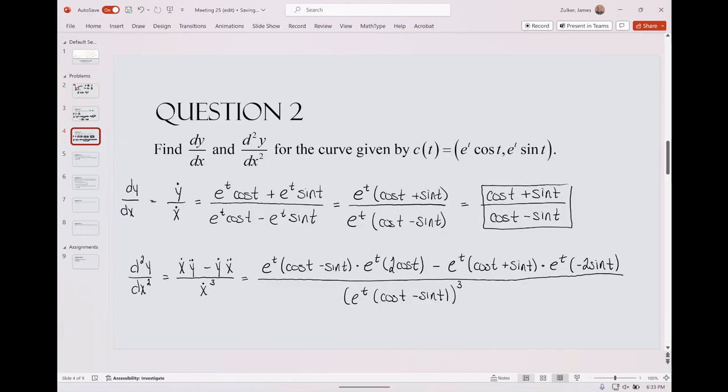And then all over x dot, which was that, cubed. Time for some algebra.